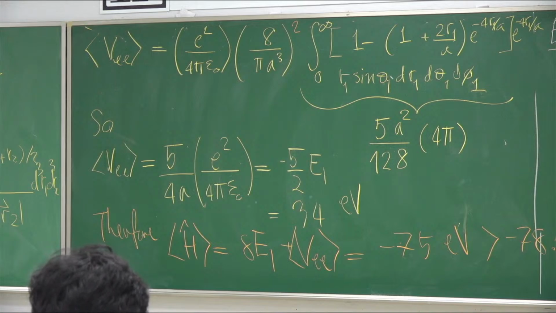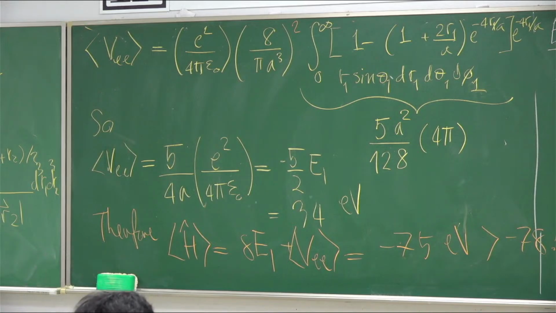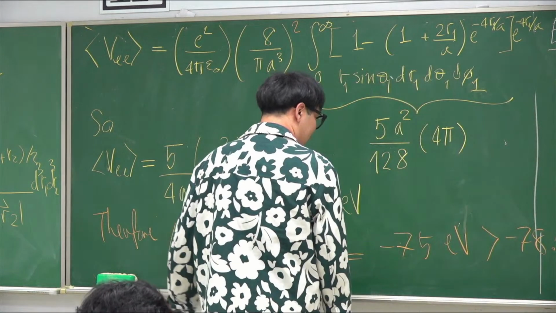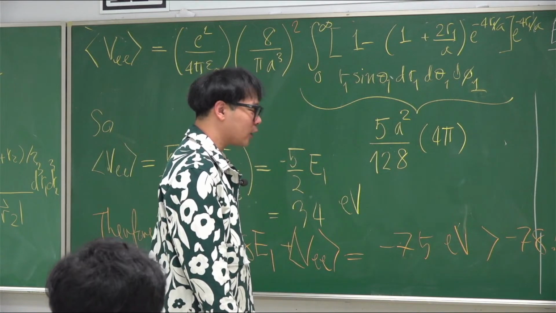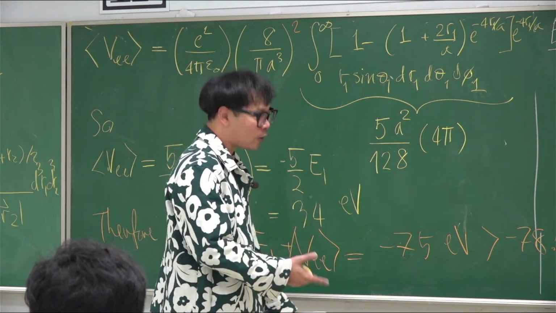Okay. So by using this ground state of two independent hydrogen atoms as a trial wave function, you're going to get a ground state energy which is not that very good, but it's okay, right?